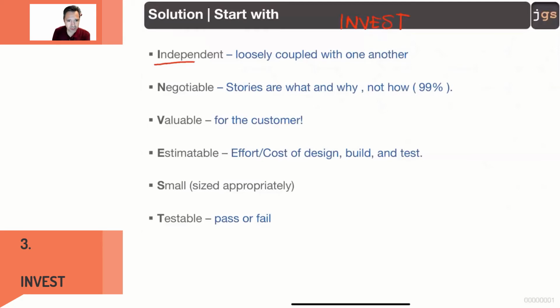But if you have a statement and when you read the statement, one of these cannot be done, cannot be tested, it's not small, it's not negotiable. If for some of these ideas you say no, that sentence could be a necessity, could be a need, could be something that the customer wants, but it is not a requirement.